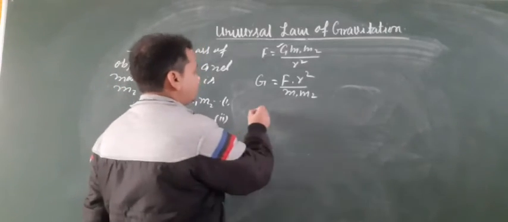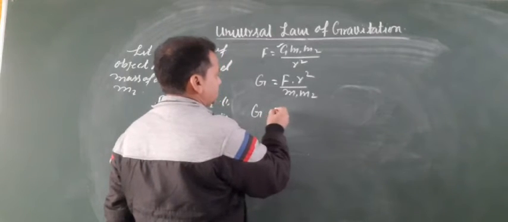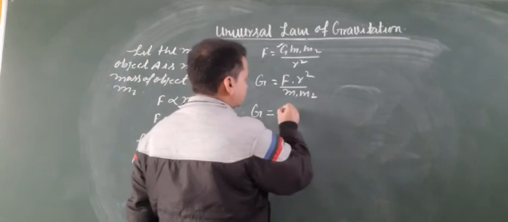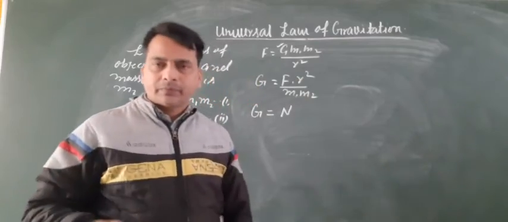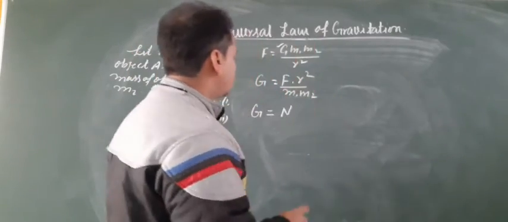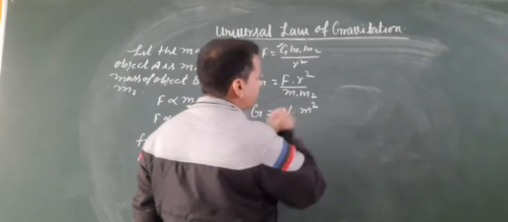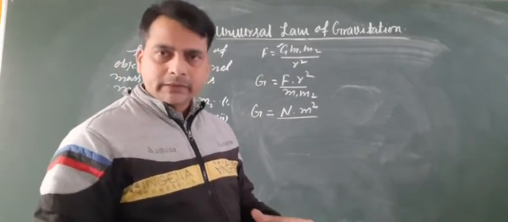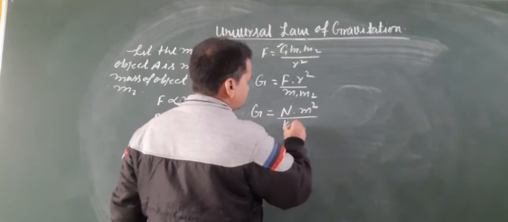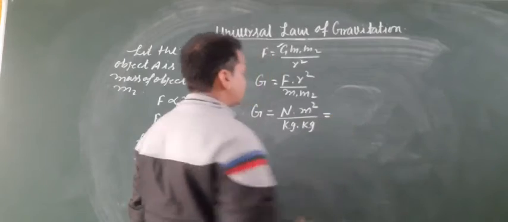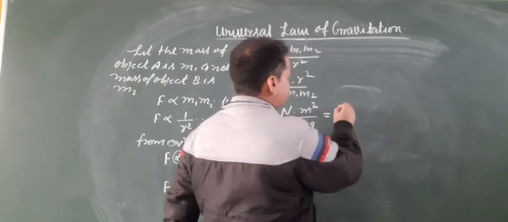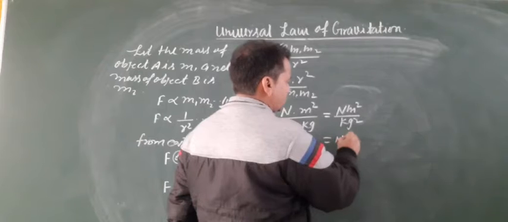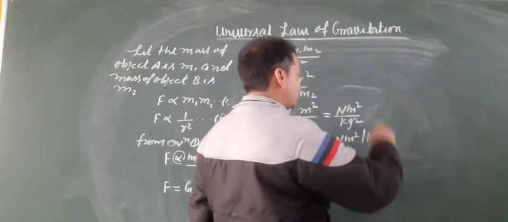So now, gravitational constant, that is the unit of here force is Newton and unit of distance is meter, then meter square, and unit of mass is kg into kg, then Newton meter square by kg square, means Newton meter square per kg square.